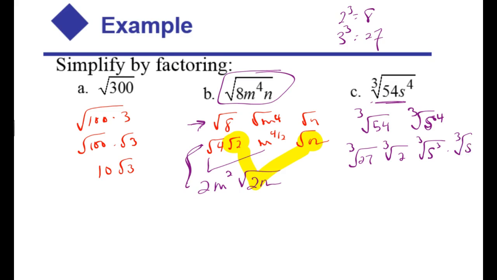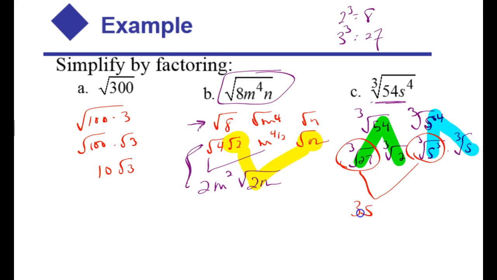So I've got a couple things going on here. The 54 broke up to 27 times 2, but the s broke up to s cubed times s, because you rewrite the base and add the exponents. The reason that I'm doing that is because I know the cube root of 27, and I know the cube root of s cubed. The cube root of 27 is 3. The cube root of s cubed is s.